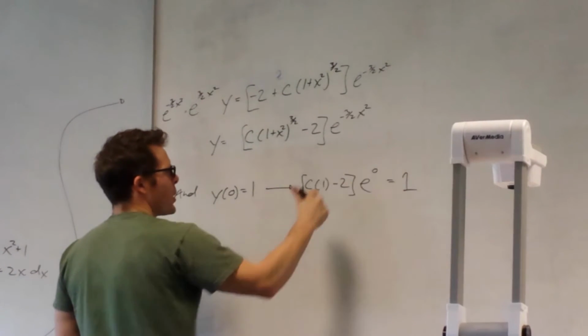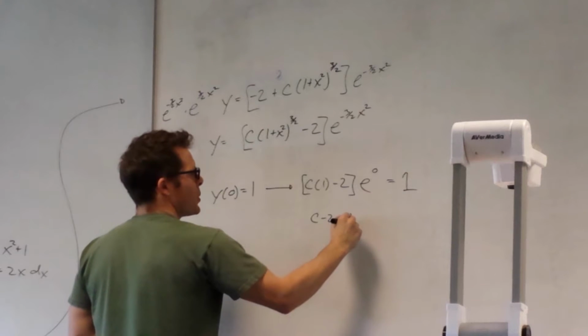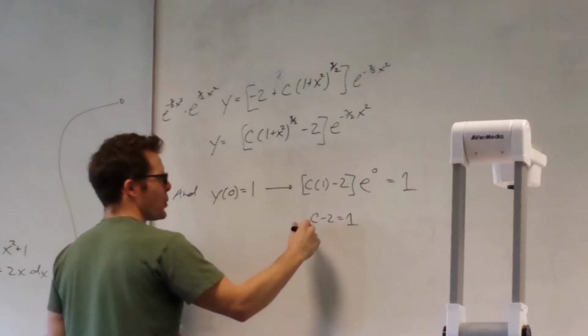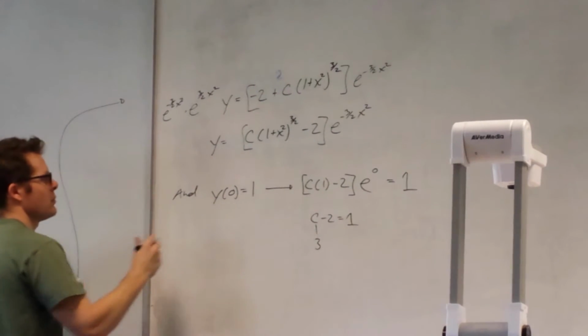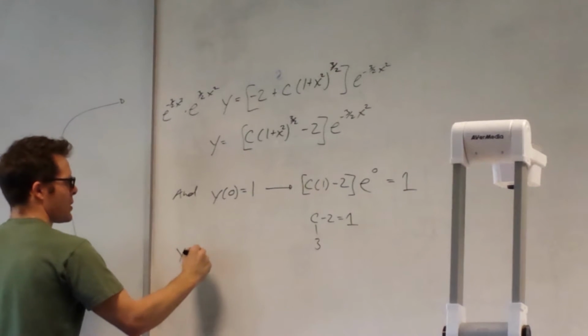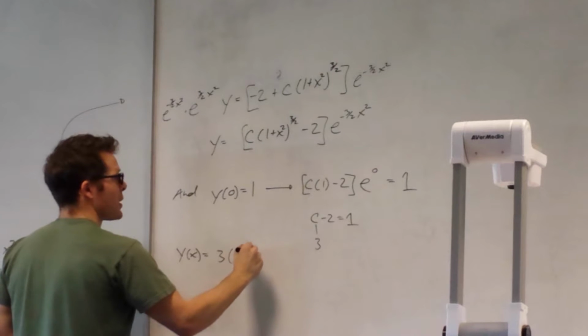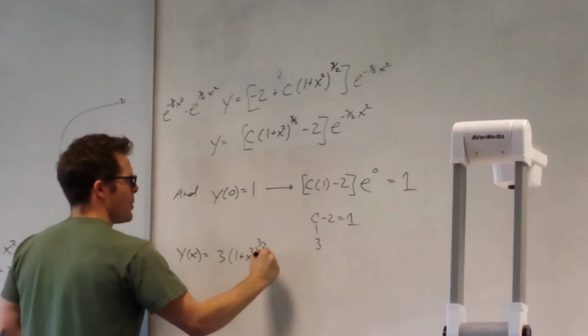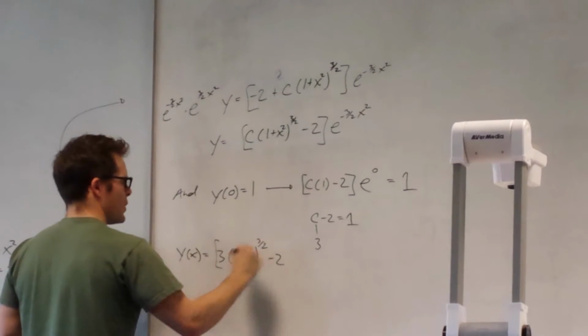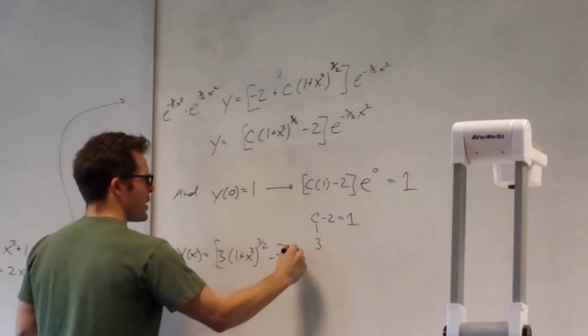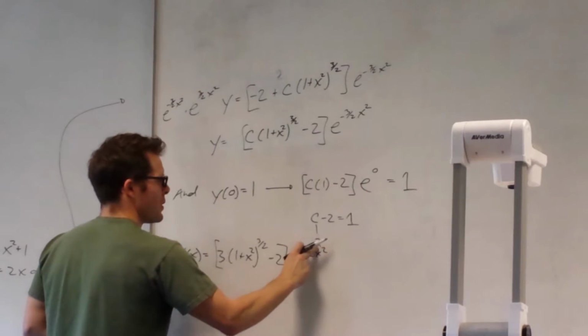So that goes away. I get c minus 2 equals 1, so c has to be 3. So y of x equals 3 times 1 plus x squared to the 3 halves minus 2, times e to the negative 3 halves x squared. That's right.